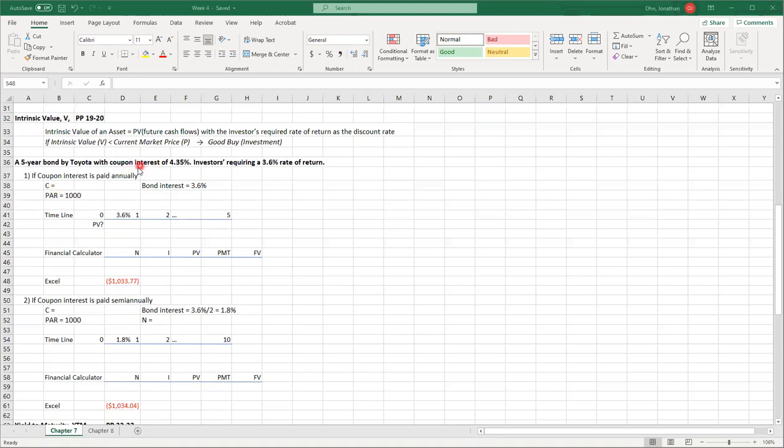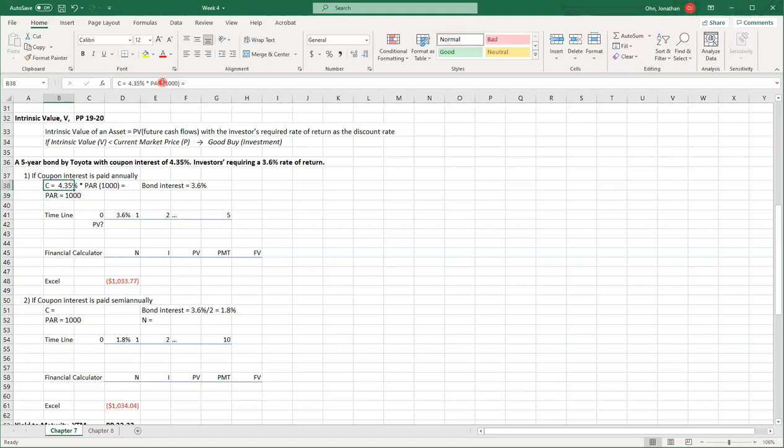So if the annual coupon rate is 4.35%, you calculate 4.35% times the par value, which is $1,000. That is how to calculate the annual coupon.